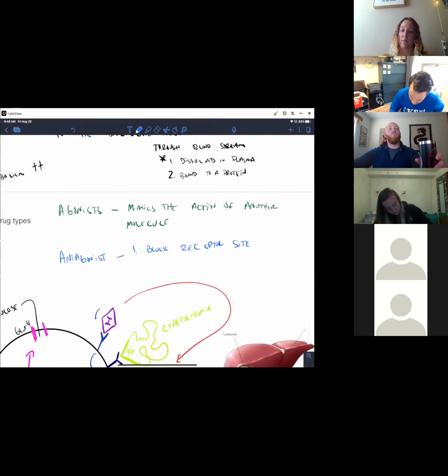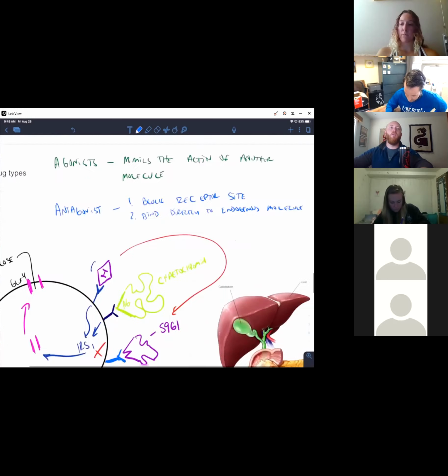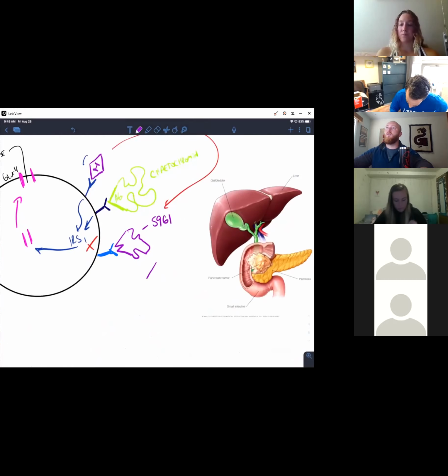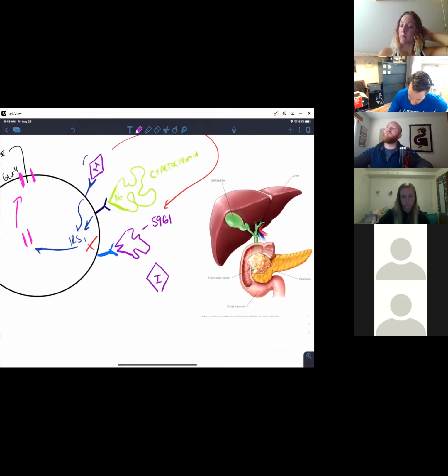Number 2 is it can bind directly to the molecule. So let's say we have our insulin. This is our antagonist number 1 here.